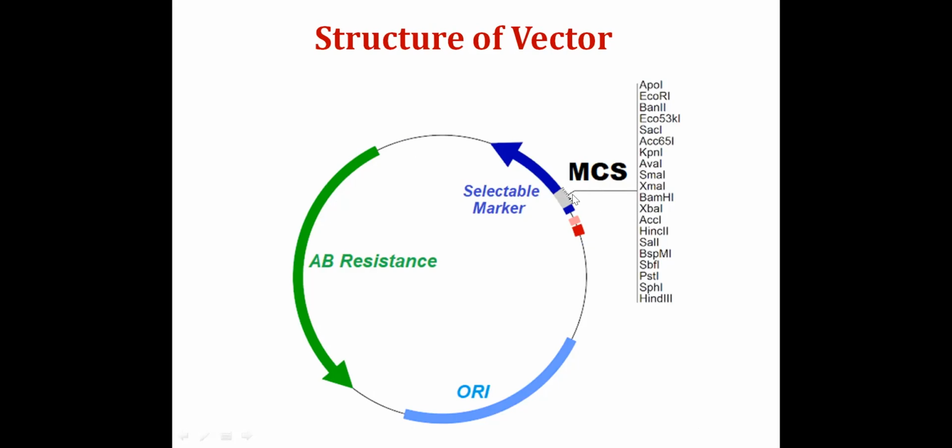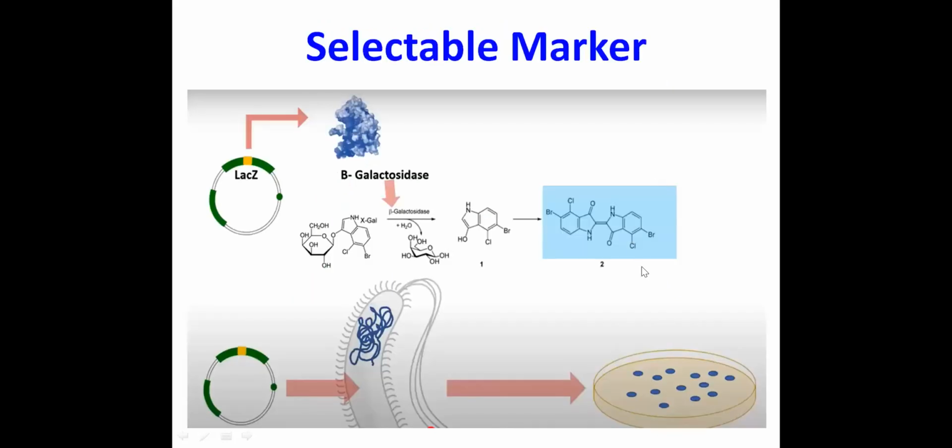Here you can see that at this gray multiple cloning site, there are recognition sequences for many restriction enzymes like EcoRI, BamHI, HindIII. This MCS contains the restriction sites of all these restriction enzymes.